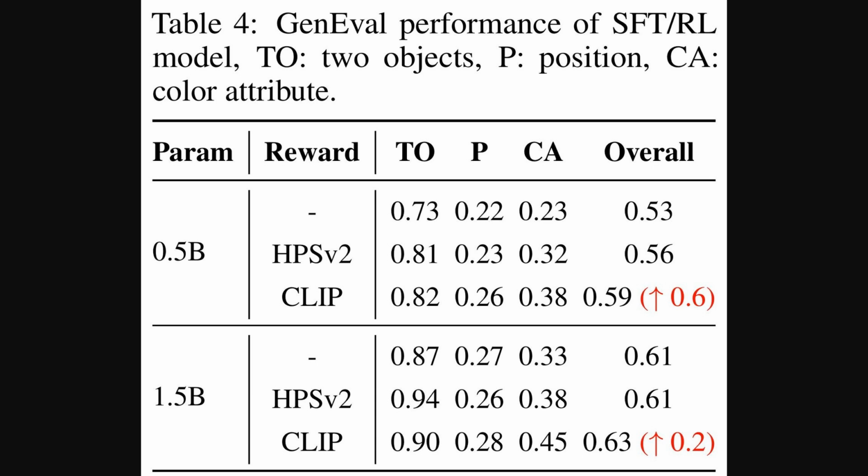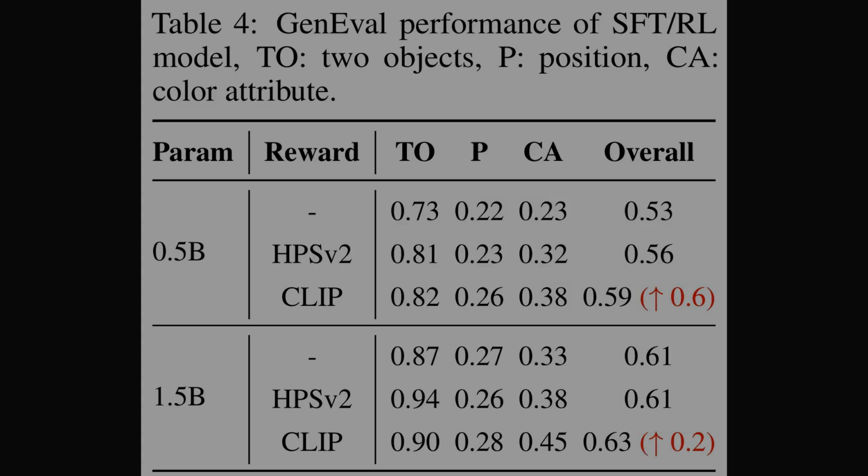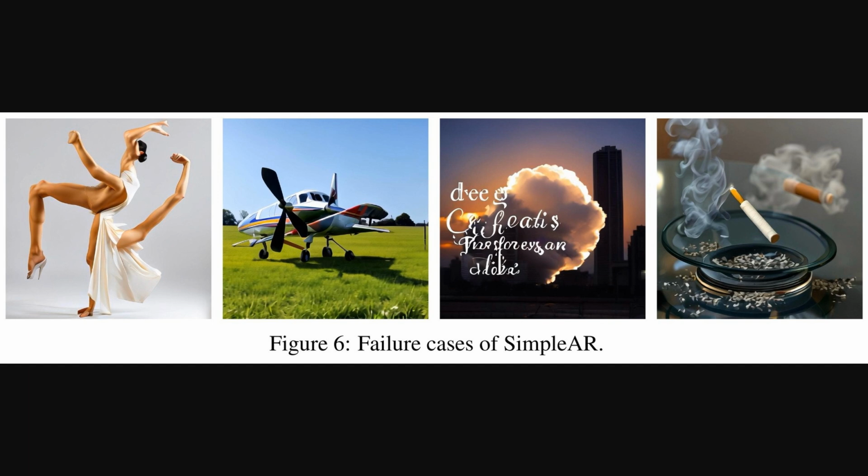The rows without a reward listed show the score after just SFT, while the others show results after RL using either HPSv2, Kiwi, or CLIP rewards. Clearly, RL helps, improving the overall score in both model sizes. And it looks like using the CLIP reward generally works better than HPSv2, getting that 0.59 overall score for the 0.5B model we saw earlier, and 0.63 for the larger 1.5B version. Okay, so we've seen that reinforcement learning, particularly with the CLIP reward, boosts performance significantly.